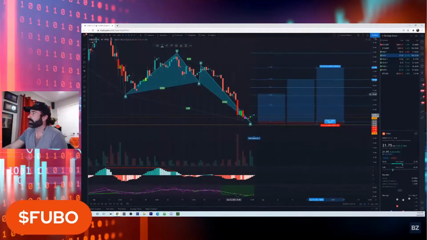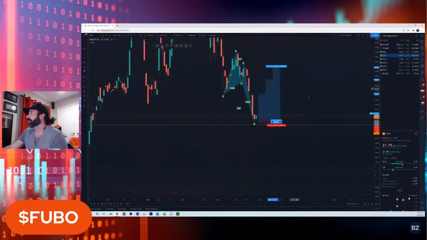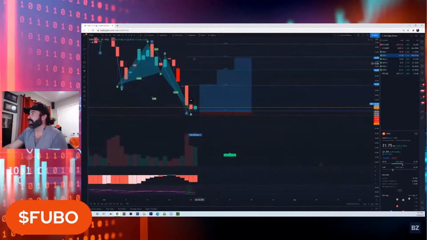Straight down. A little bit of chop, why I've got these other targets. But ultimately, if you look on a daily chart, I'm sure the daily chart says straight down.